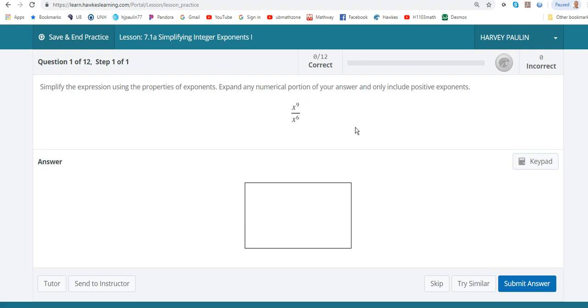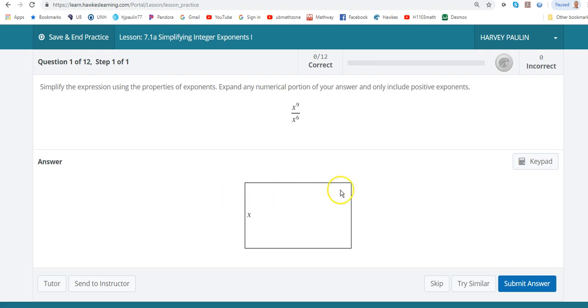And keeping in mind, you probably had the flipped classroom lessons as the background, and we went over the basic rules. But for something like this, the result when we simplify this is we're going to subtract the 6 from the 9, and we're going to get x.